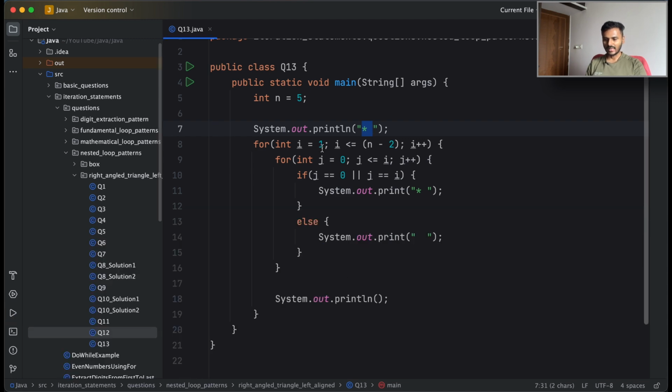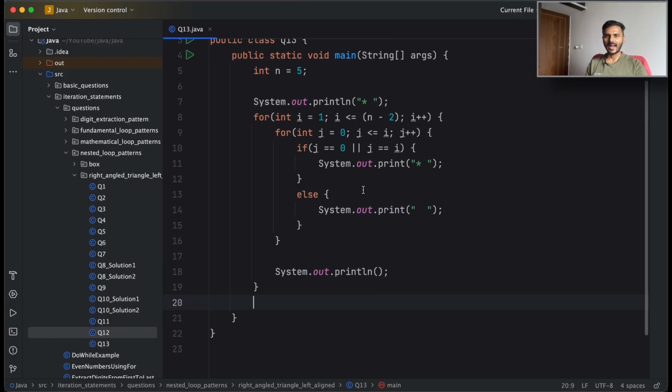Now, only the last row is left. So for the last row, what we should do is we should iterate for n number of times and then print n number of asterisks, right? Which means we'll need another loop over here and we'll say for int I is equal to 0, I less than n, I plus plus, right?